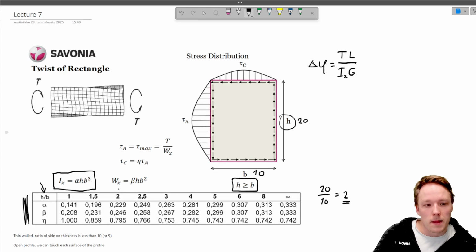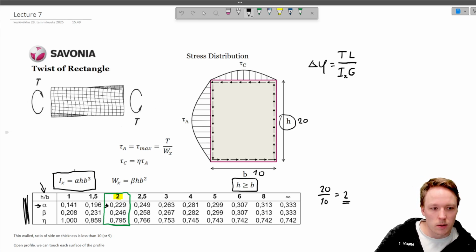So when we are choosing the value for alpha, we would focus on these values here, since the ratio that we calculated was 2. Using this table, you would choose alpha from here. The value for alpha would be 0.229. So that's how you would calculate the second moment of inertia.